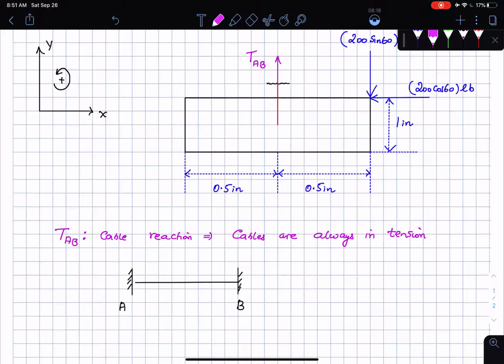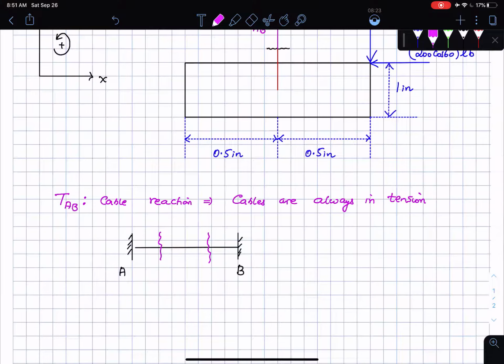Now the idea is this: if I cut the cable off here and here, there is one piece here, one piece in the middle, and another piece here. If I look at the forces that arise from these pieces, cables are always in tension, so these two forces will be coming out this way. There will be a force here and a force here, and of course this is the wall, so there is going to be some reaction force.